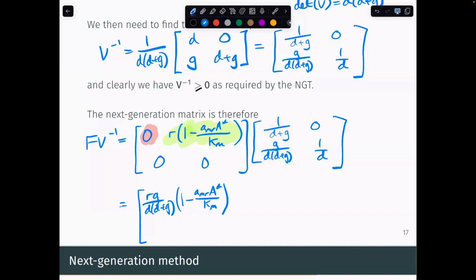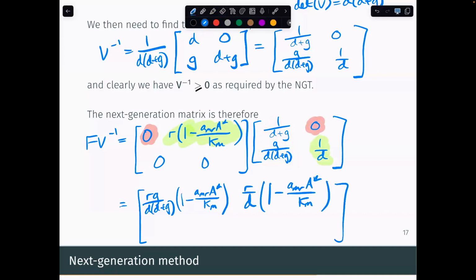In the top right-hand corner, we're going to have 0 times 0, and the top right element times 1 over D. So now we're going to have R over D times 1 minus AMR A star over Km.